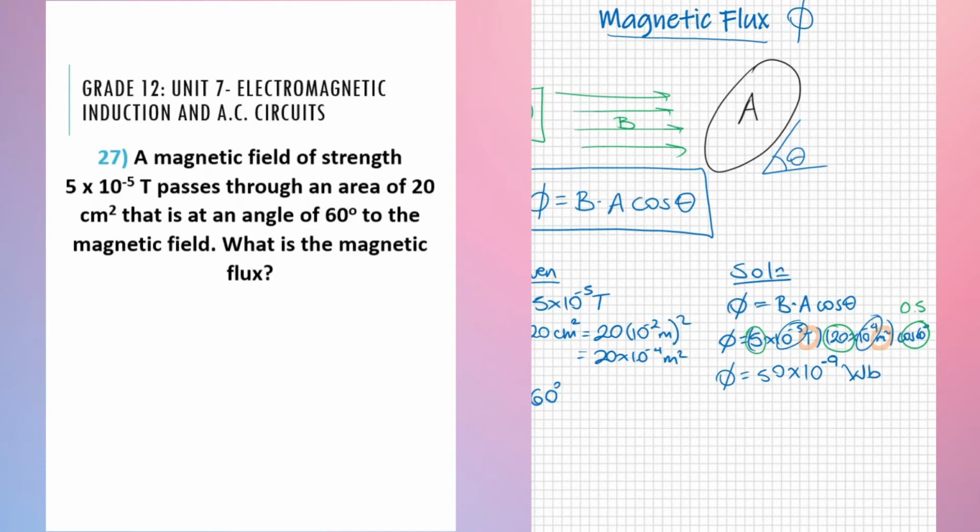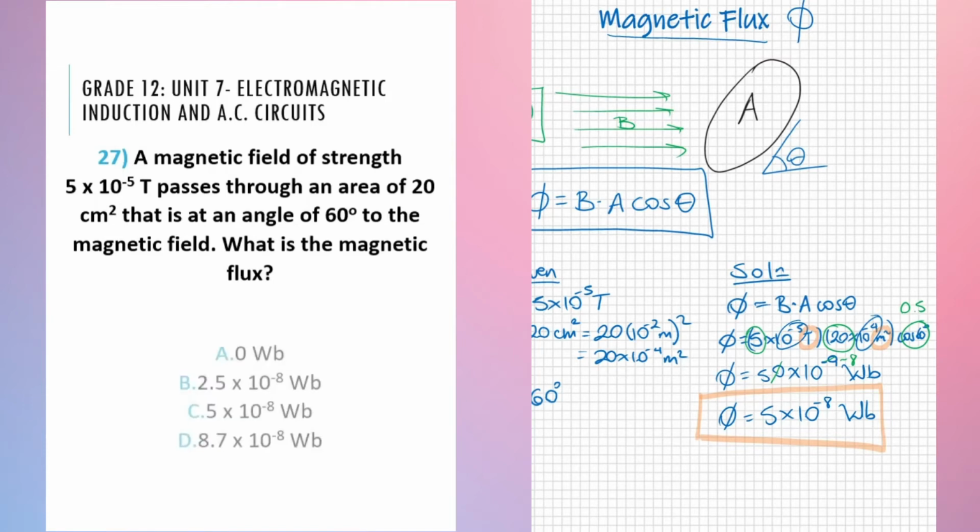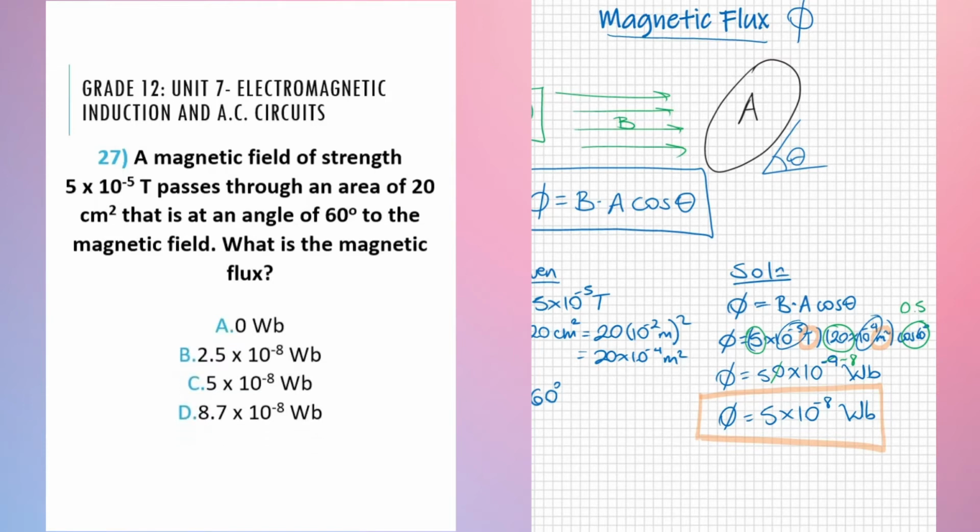We can simplify this a bit more. We can get rid of this 0 and turn this into a minus 8. And we would finally have that the magnetic flux is equal to 5 times 10 to the power of minus 8 Weber. That would be our final answer. And if we take a look at our choices, we can see that that would be choice C, 5 times 10 to the power of minus 8 Weber.